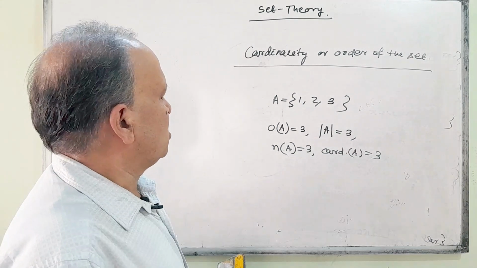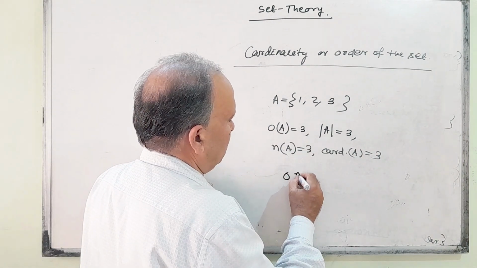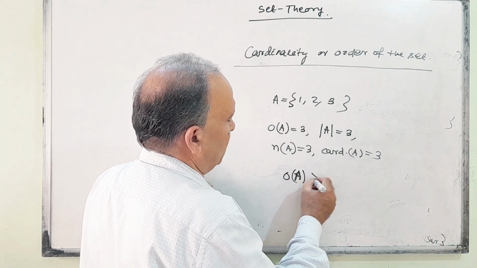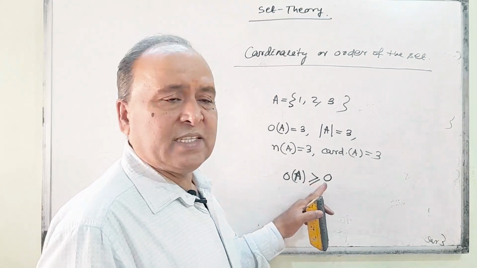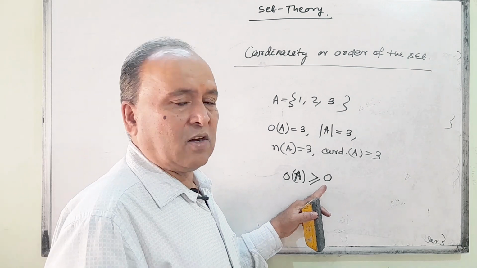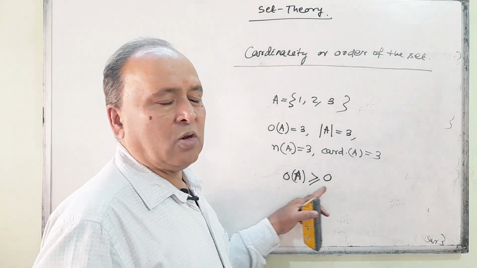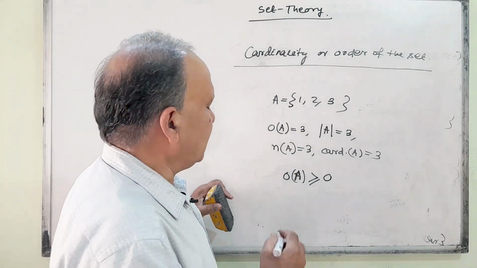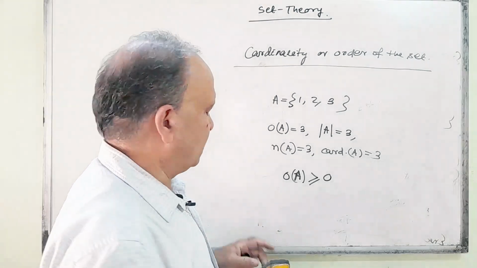You see, the cardinality or order of a set is always greater than or equal to 0. In the minimum case it is 0; under what condition it is 0, I will tell you later. It cannot be a fraction, and it cannot be negative.